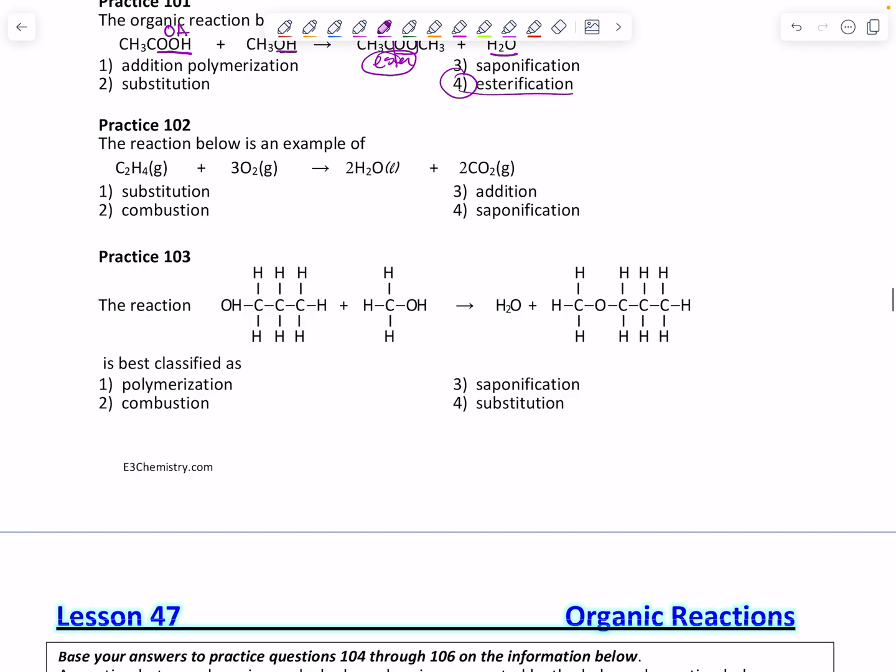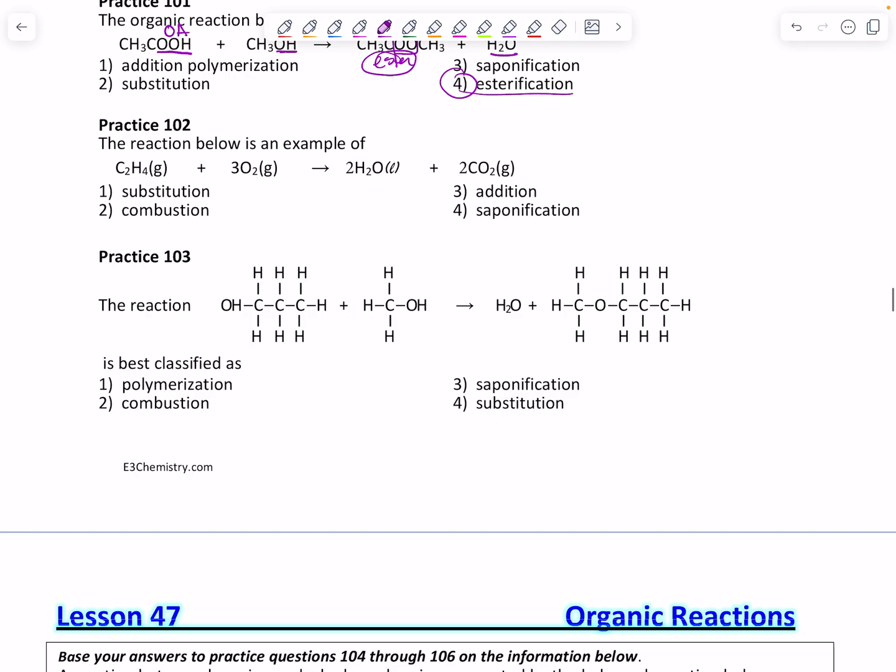All right, last page of practice. These are the ones where they're going to show us some information and have us answer a few questions, not multiple choice. For these first three questions, we're going to use this first reaction. This is a reaction between bromine and a hydrocarbon, presented by the balanced equation below.